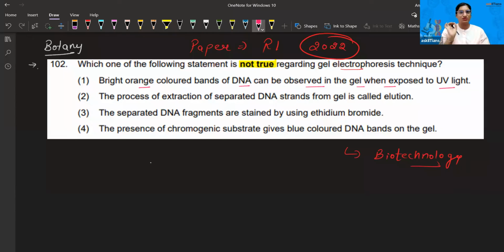By the way, the short story: DNA normally has a negative charge, right? Because of all the oxygens, lone pairs, and the phosphate group, it is attracted toward the positive charge during gel electrophoresis. I'm writing this: attracted toward positive charge.